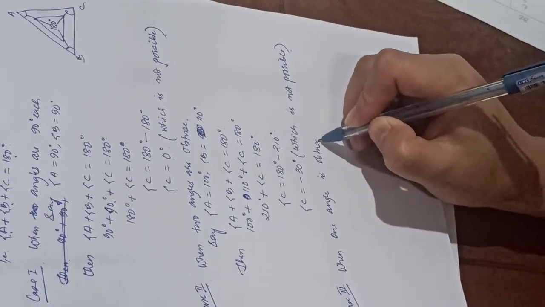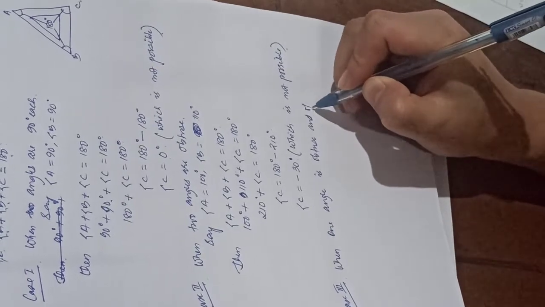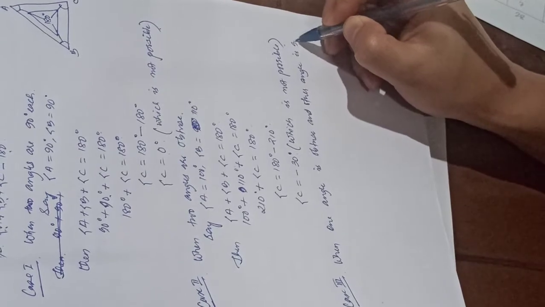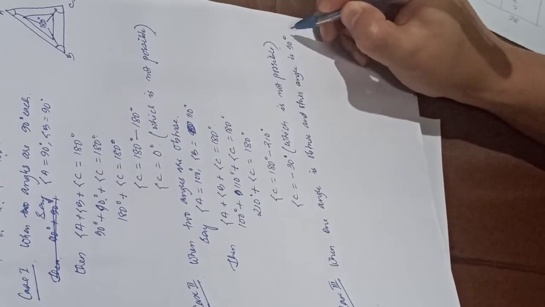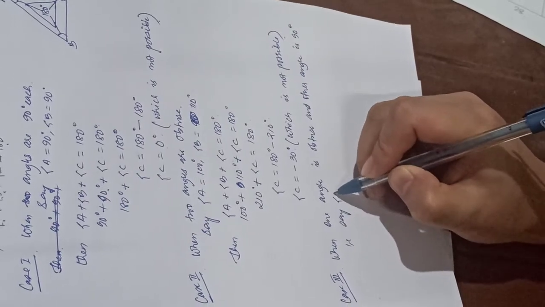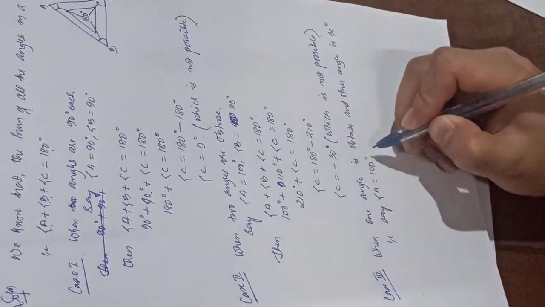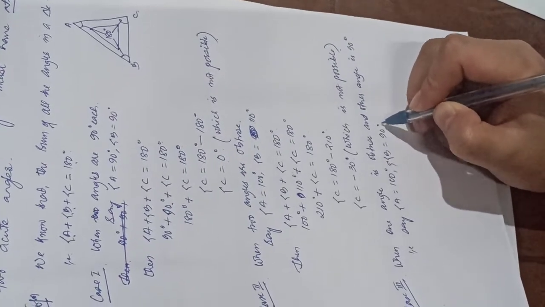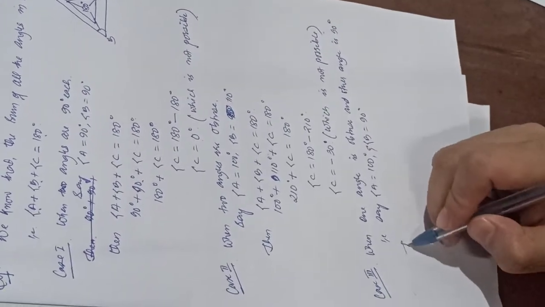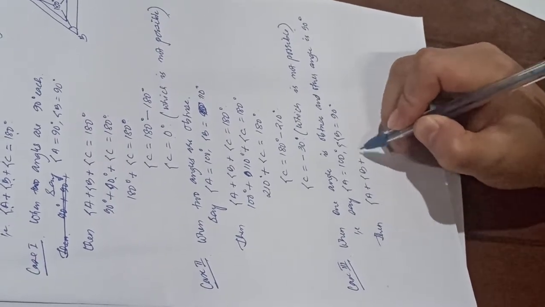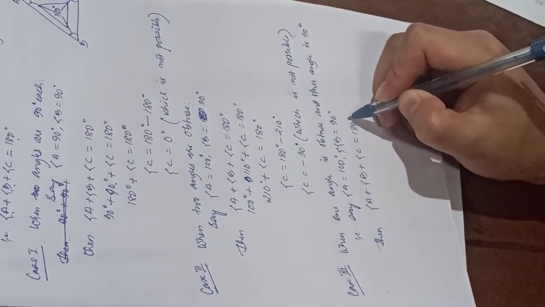obtuse and the other angle is 90 degrees, that is a right angle. Say angle A equal to 100 degrees and angle B equals 90 degrees. Then what do we have here? Your angle A plus angle B plus angle C as usual is 180 degrees.